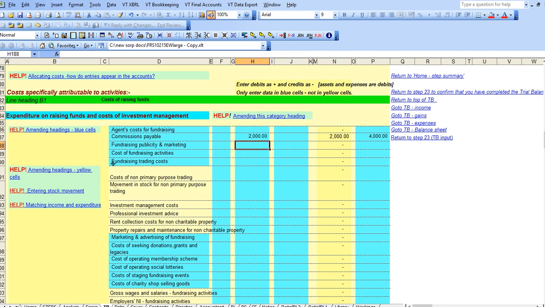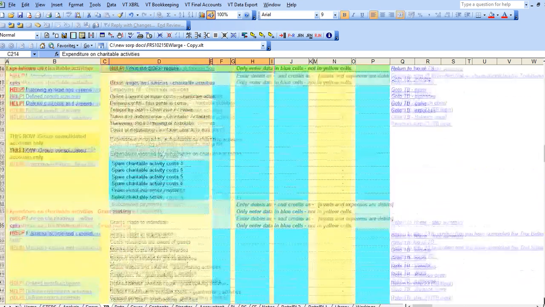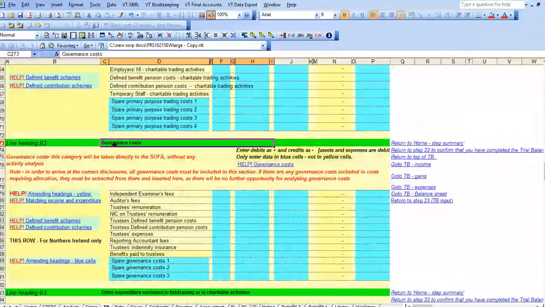You've got all these headings. Costs of raising funds in this first category. Expenditure on charitable activities in this category. Quite a lot in that category. Governance costs. Now it's important to get this right. You've got to only put governance costs in here.